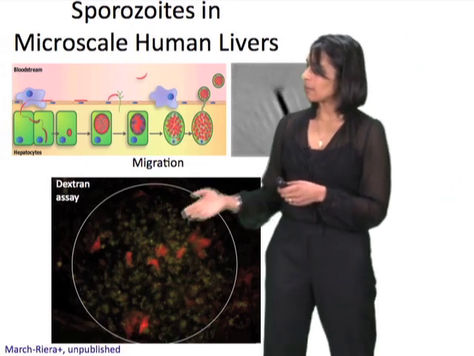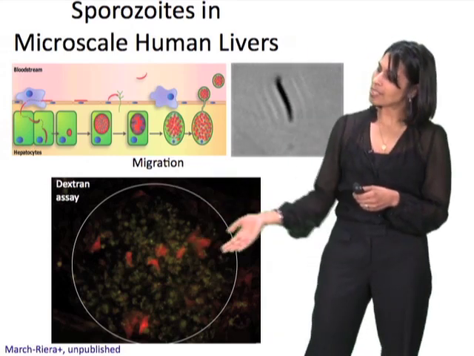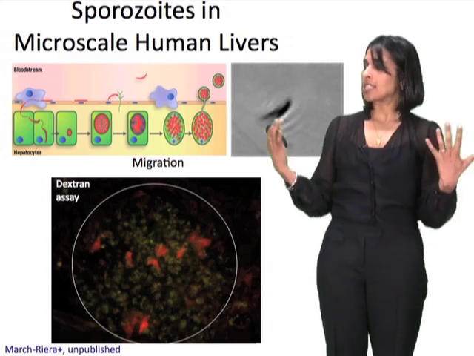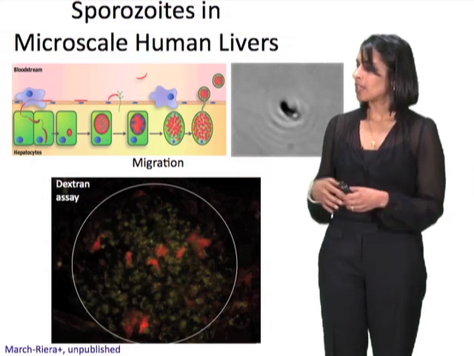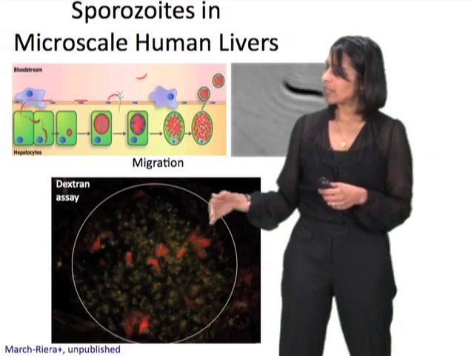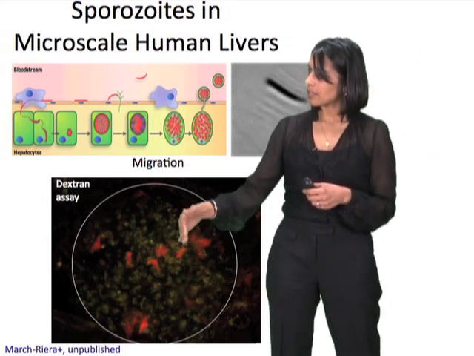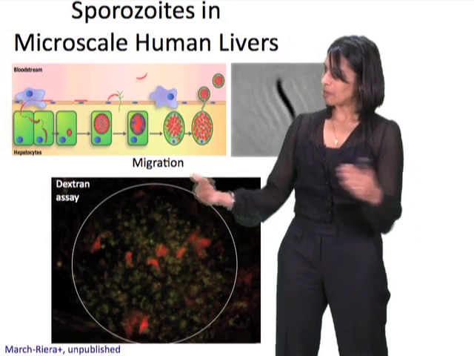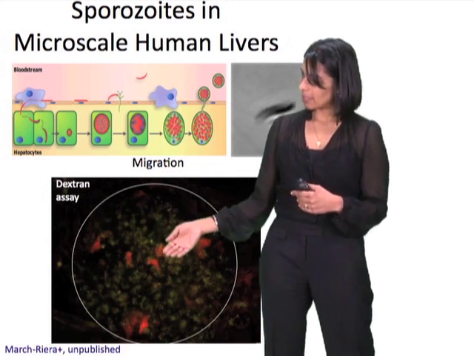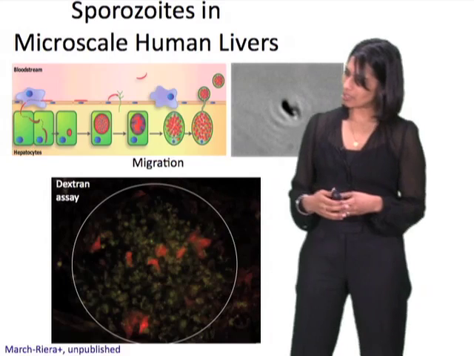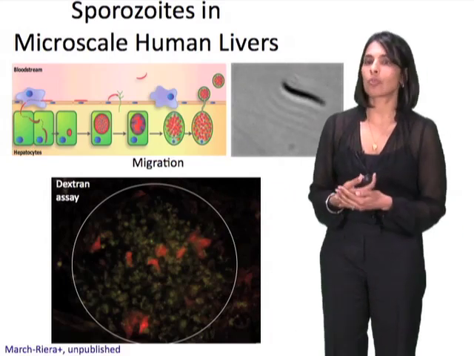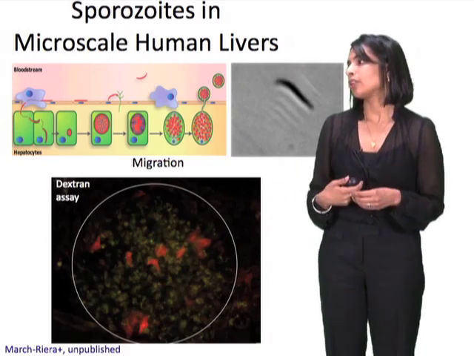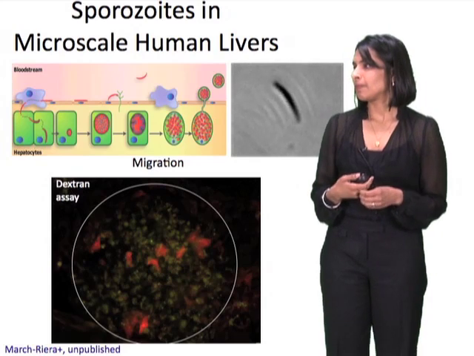So we've recently been infecting our microlivers, those 500 micron colonies of hepatocytes that I mentioned earlier, with the human malarias. So here what we've done is add a fluorescent dextran, a red dye, to the media. And as the sporozoite traverses through the cells, it injures the membranes, and the cells take up the dye, and if the membranes seal, then they stay lit up like this. And so essentially this is a molecular footprint of the sporozoite traveling through our human microlivers in culture.